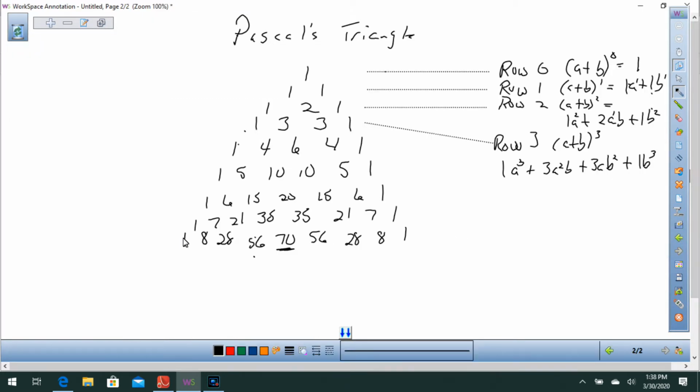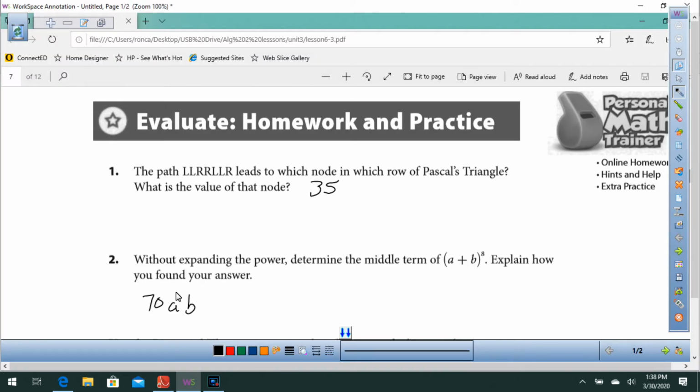This is 8, 7, 6, 5, 4. So we're going to have A to the 4th power. And in B, there's a total of 8, so that's going to be B to the 4th power.